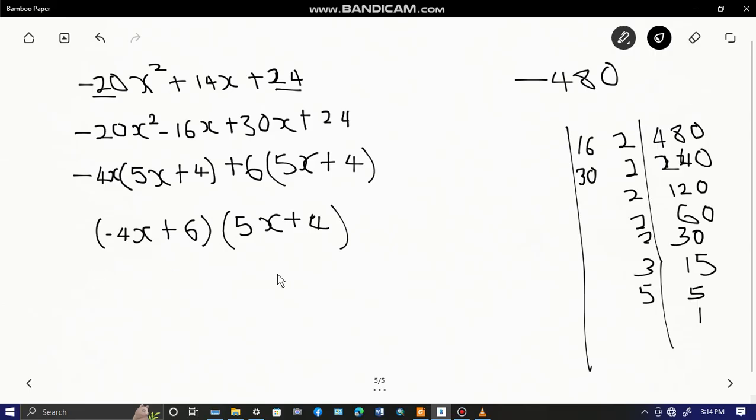That is how you factorize that expression.